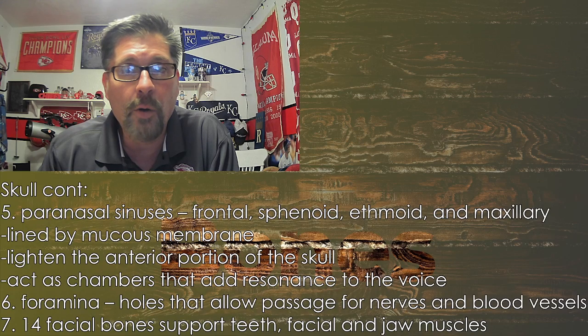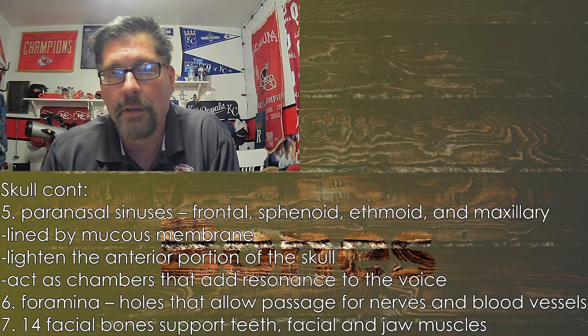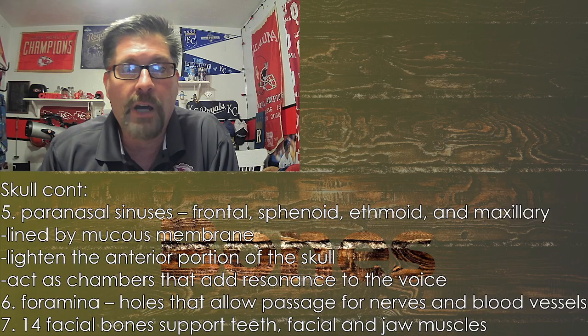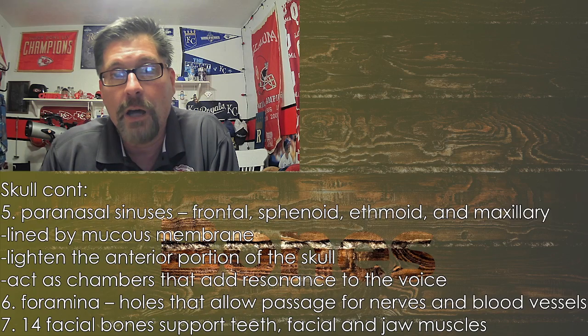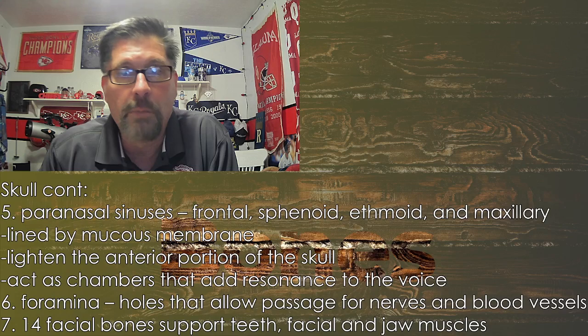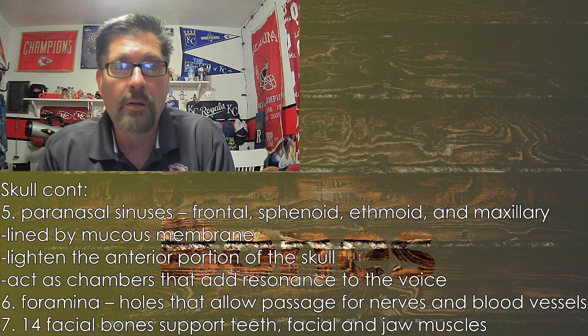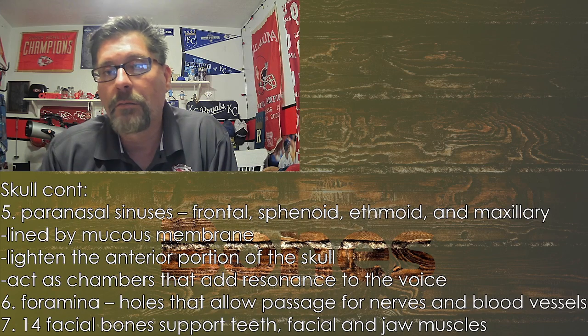They're almost like little drill holes in various bones of the skull, and they are designed very specifically to be passageways for blood vessels and nerves, those kind of things.